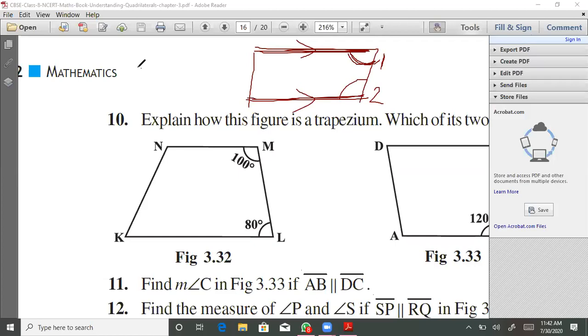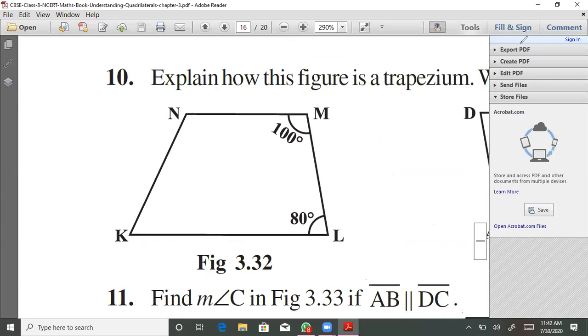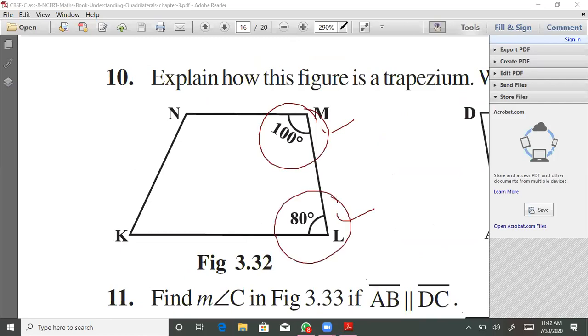Same here. If you see this figure, one angle is 100 degrees, one angle is 80 degrees. 100 plus 80 is equal to 180. 100 degrees plus 80 degrees is equal to 180 degrees, right? It means these two lines are parallel.